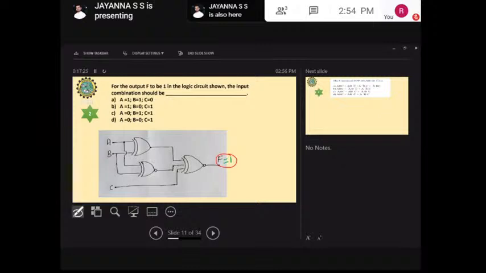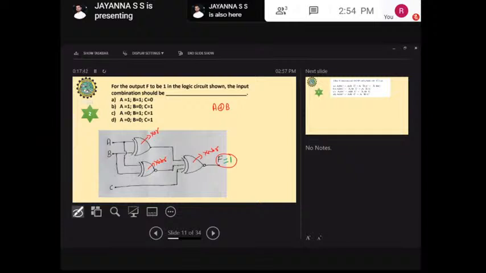Okay. First, you know that this is the XOR gate, and this one is an XNOR gate, and this one is an XNOR gate. Since I am giving A and B as the input, I'm going to write this one as A XOR B. A XOR B is the first gate output.